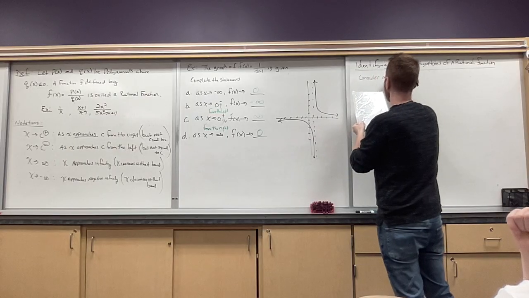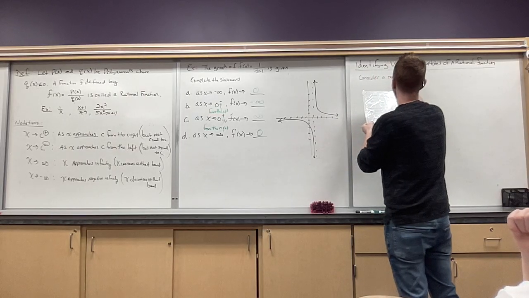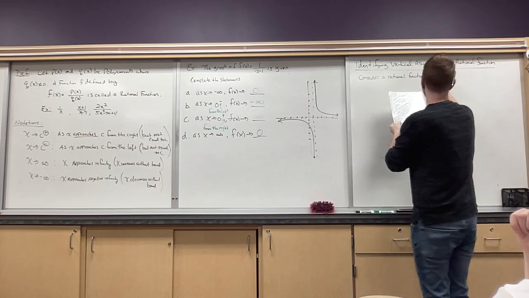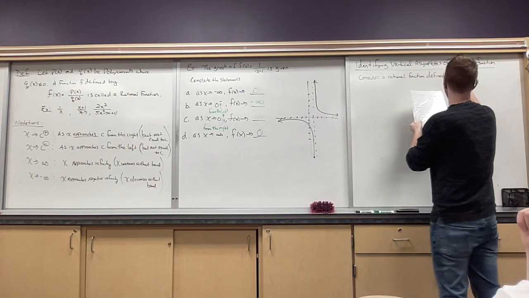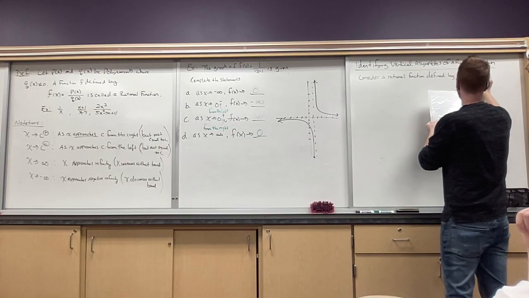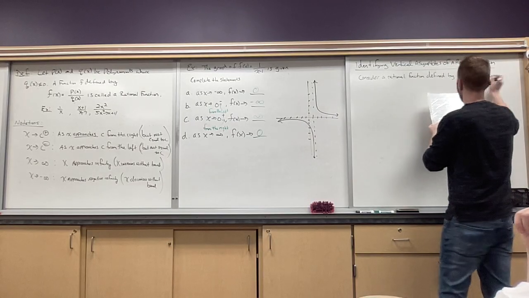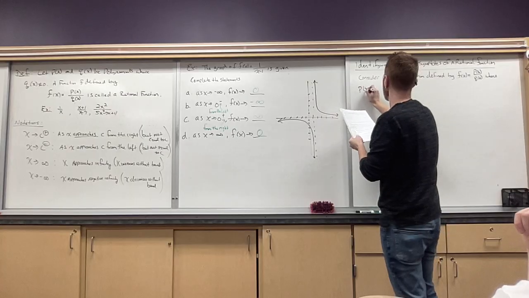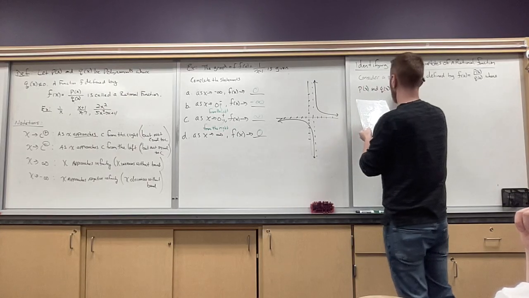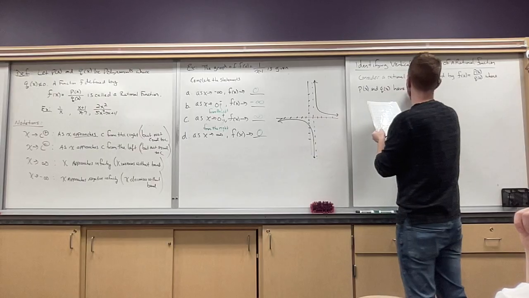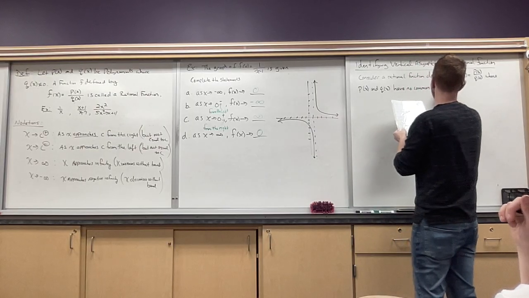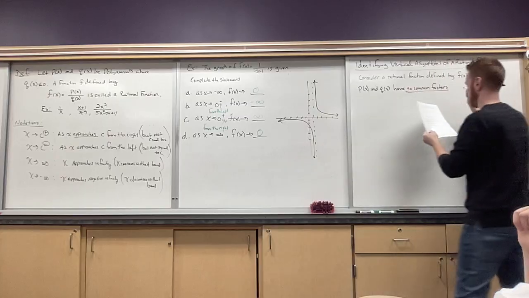Consider a rational function defined by f of x equals p of x over q of x, where p of x and q of x have no common factors other than 1. Now that's the key part.